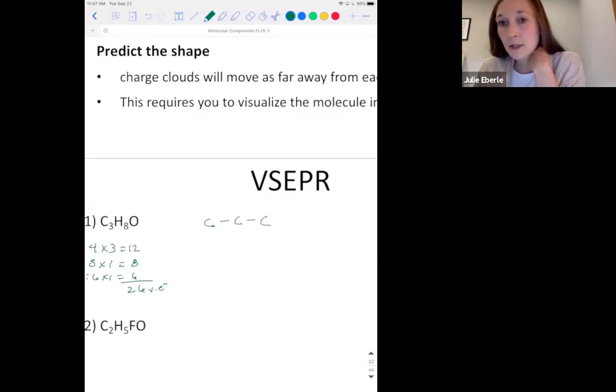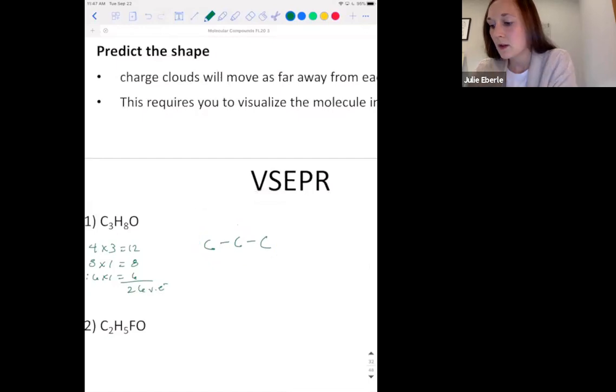I commonly like to attach all my carbons. Now I'm going to start putting hydrogens on my carbons. There's more than one way you can draw this. Remember, if you are drawing it differently than me, that's okay. I know my oxygen has to have 2 bonds, and it's got 2 lone pairs.